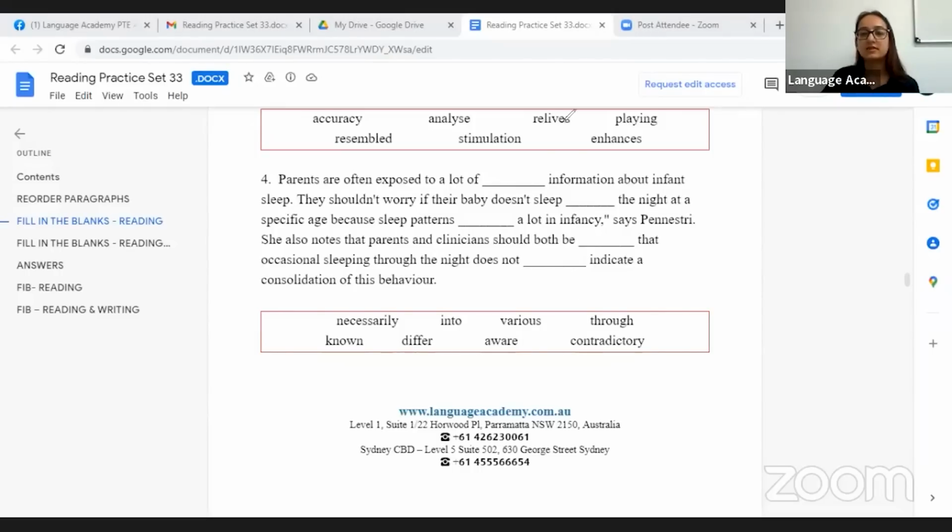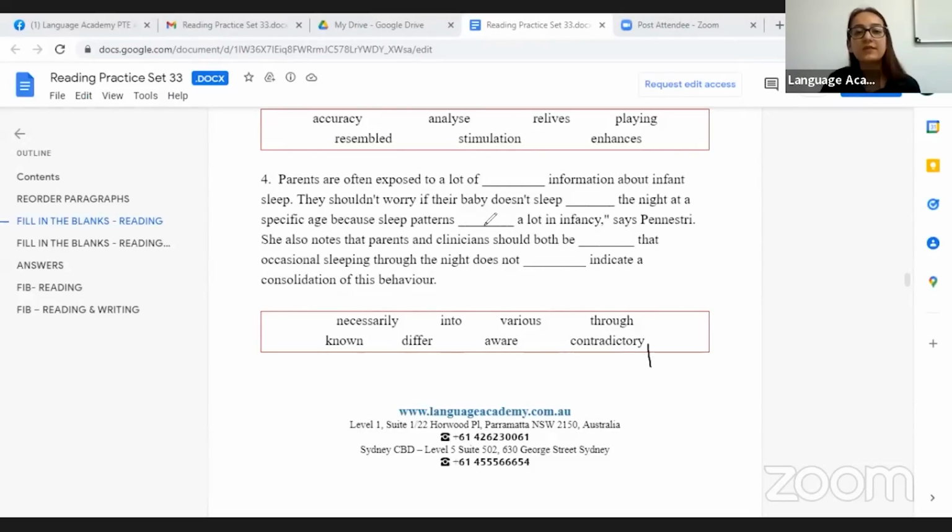So let's discuss. This says parents are often exposed to a lot of information about infant sleep. So a lot of what type of information? Contradictory, because the passage tells us that it's kind of confusion they are talking about.